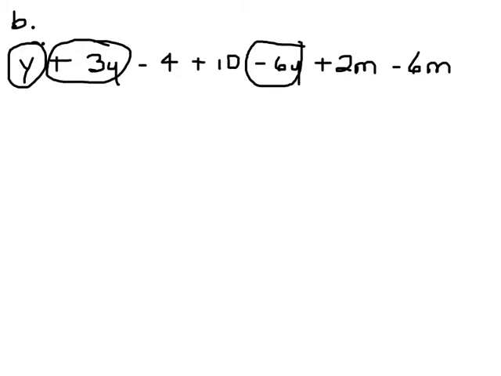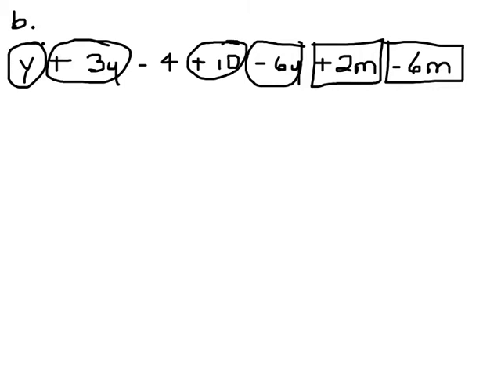My m terms, let's say I do those in a rectangle. And my 1 terms, I'm just going to do those in a circle. Oh, no, I'm sorry, I already did a circle. Let's do a triangle.